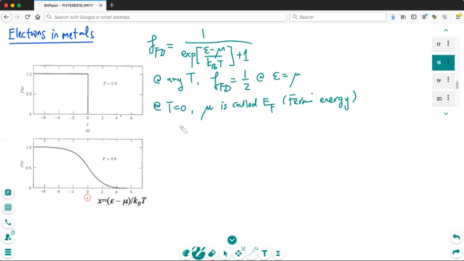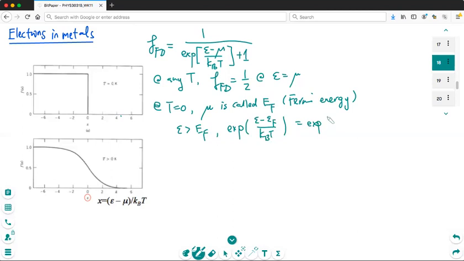Okay, so first let's convince ourselves that this is indeed a step function. Now, this is at 0 temperature. If you go above the Fermi energy, this term is positive. So in this case, this exponential of (epsilon minus epsilon_F) over k_B T will go to positive infinity, right? You have T equals 0 here.